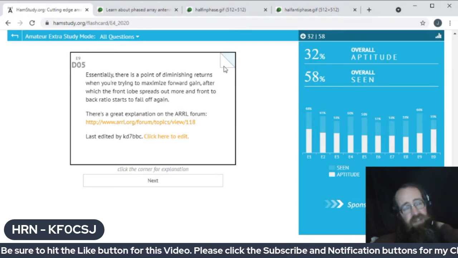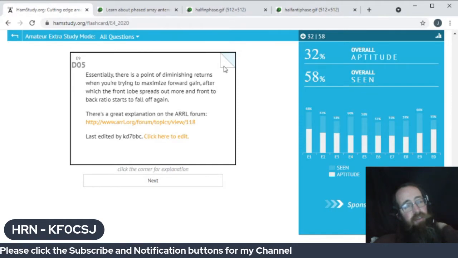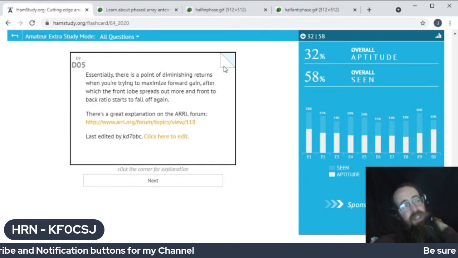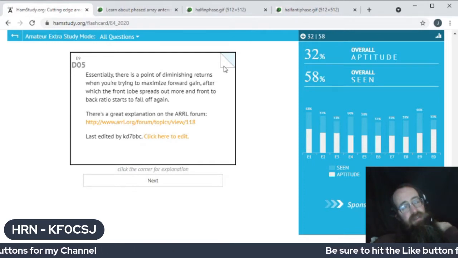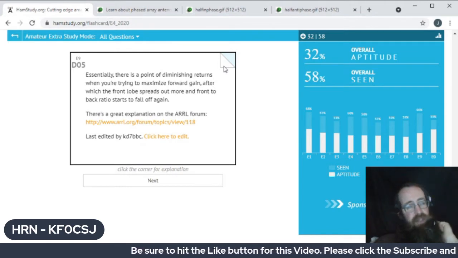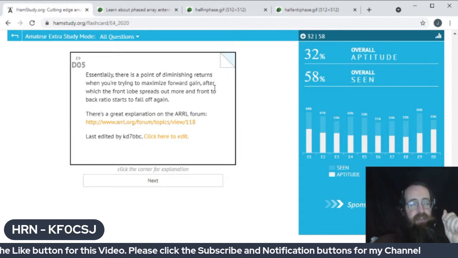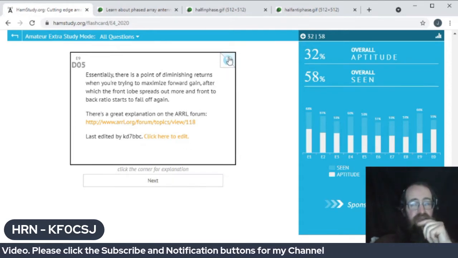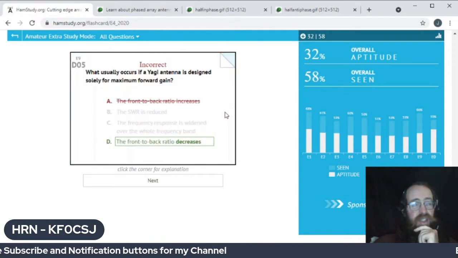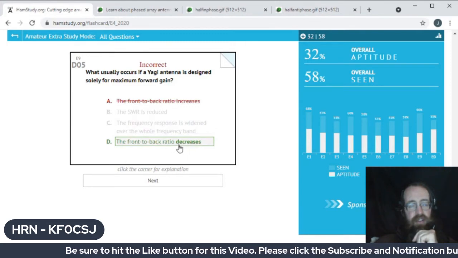There is a point of diminishing returns. So at a certain point, the front to back ratio starts falling again. So you need to go to that point.